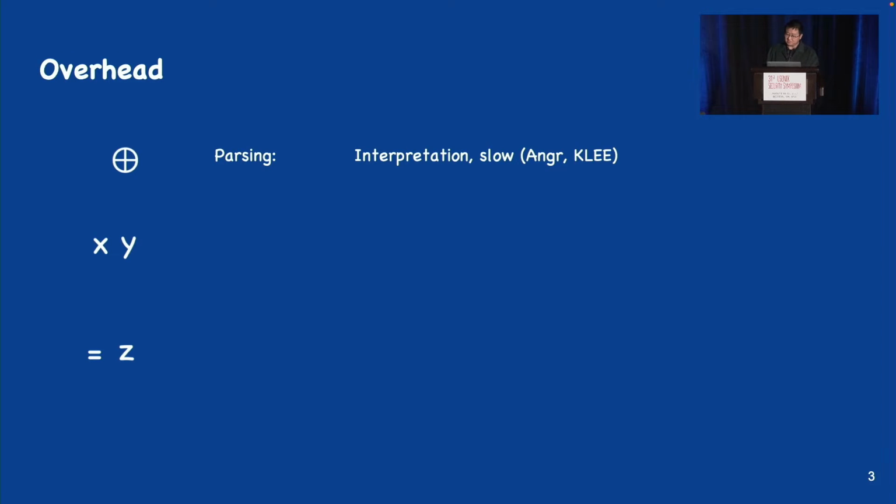The first way is through interpretation, which is very slow. The second way is through instrumentation, and it's way faster. It is adopted by recent works like QSYM, SymQEMU, SymCC, and also this work, SymSAN. The reason why instrumentation is faster is because the parsing is done only once, either at the compilation phase or at the binary code translation phase.